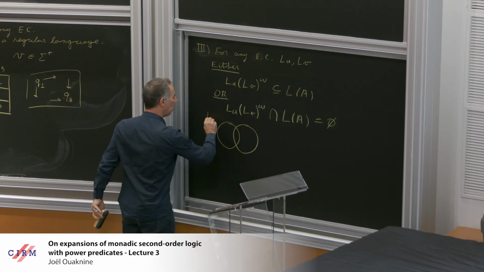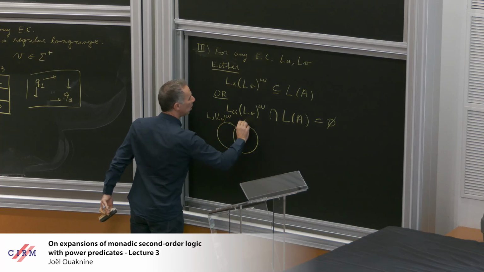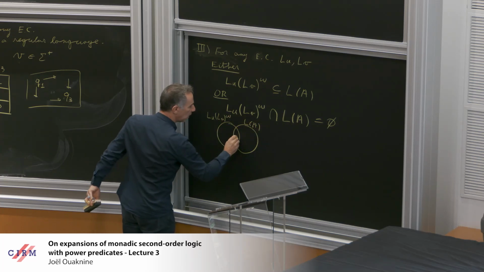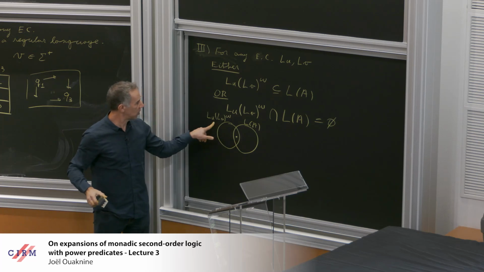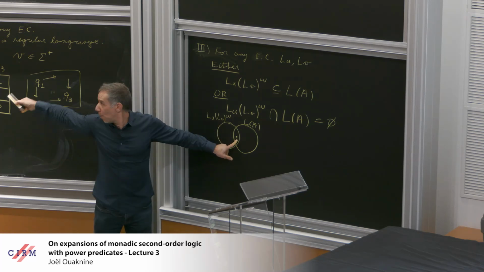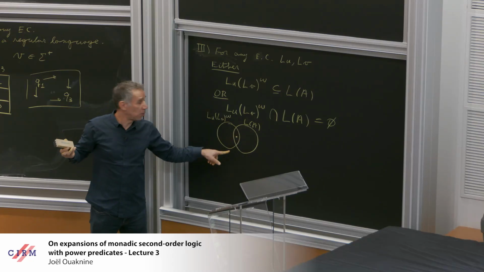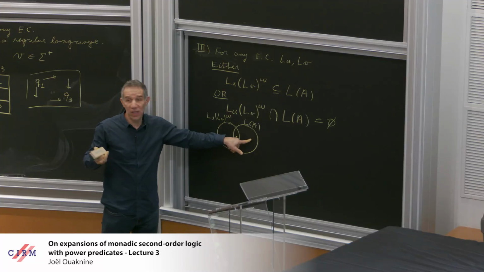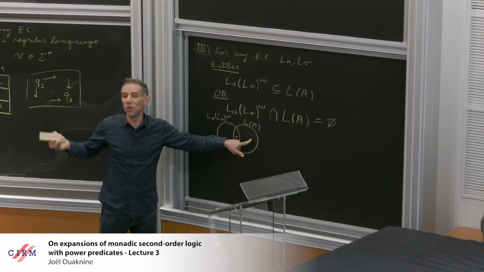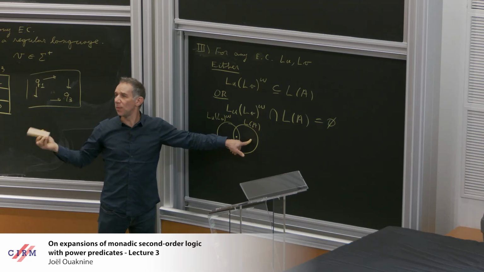If I have here LU LV omega, and here I've got L of A, and if I had a word in the intersection, well, by the definition of my equivalence relation, this word satisfies the condition of being accepted by A. By the definition of the equivalent words, they're all going to satisfy the same condition because they're going to lead to paths that visit infinitely many accepting states and so on.